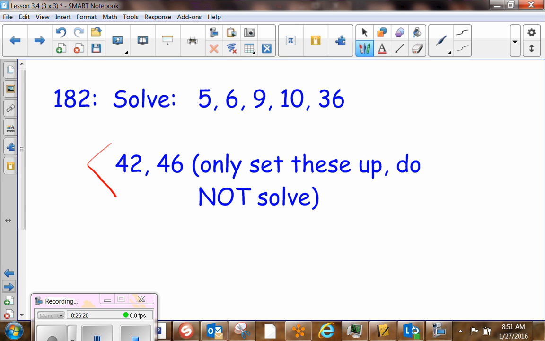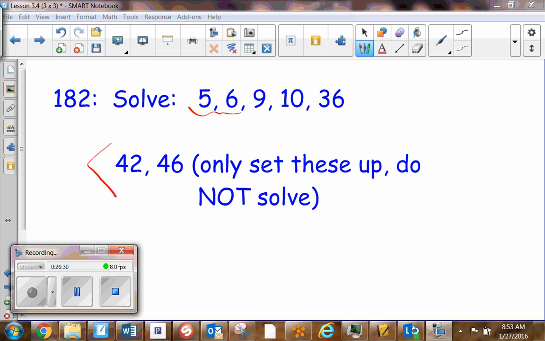So hang on just a minute. These two, you're just plugging in values. Number 9, the solution is 1, 5, 6.